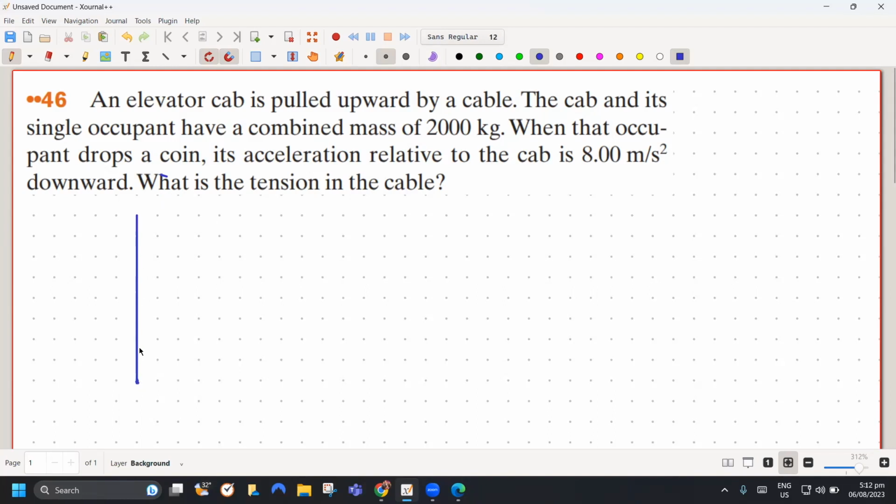I-label mo O. Okay, ngayon, draw an arrow to represent yung position ng cab. So, from origin to yung position of the cab or yung floor ng cab. I think mas maganda floor ng cab na lang. Tawagin mo yun na X-cab.